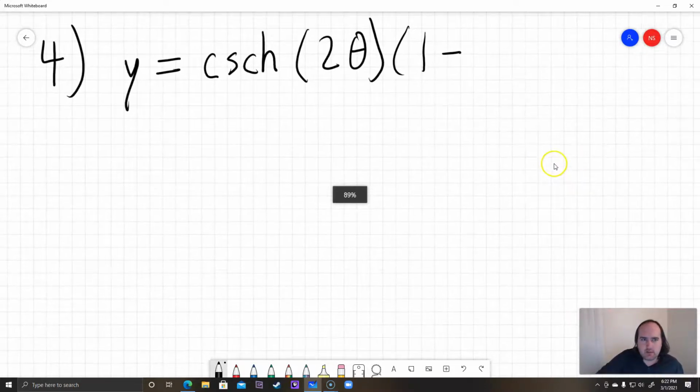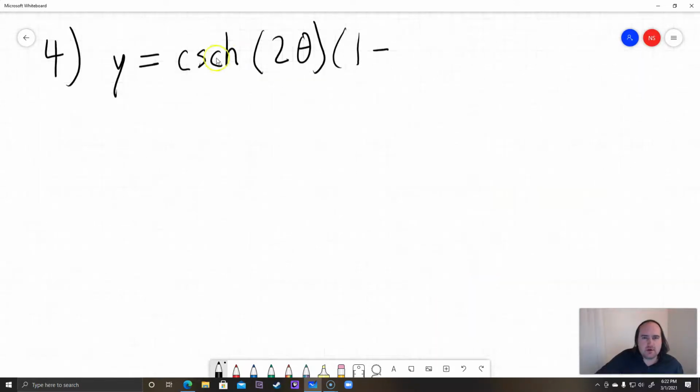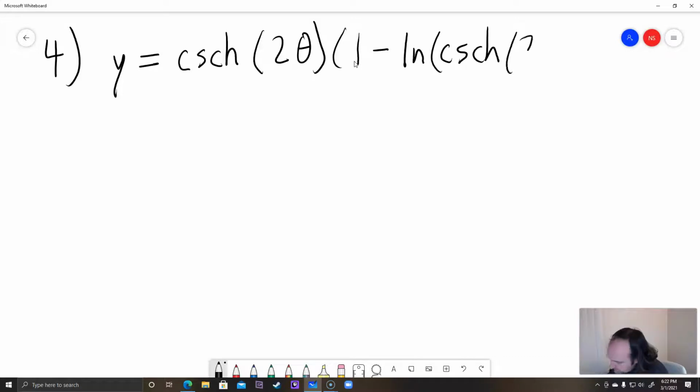Let me zoom out a little bit here so I actually have room. So we have y equals cosec of 2 theta times parentheses 1 minus ln of cosec of 2 theta.